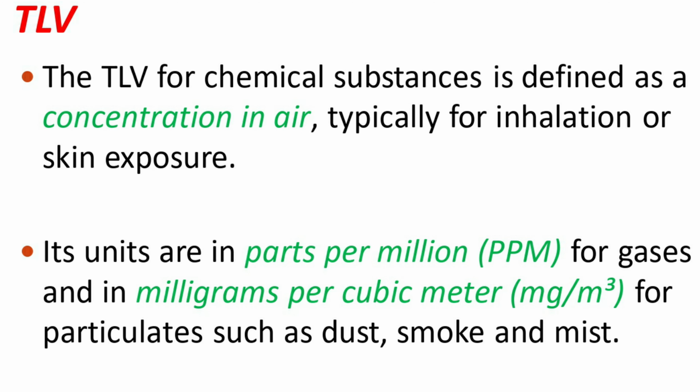TLV. The TLV for chemical substances is defined as a concentration in air, typically for inhalation or skin exposure. Its units are in parts per million, ppm, for gases, and in milligrams per cubic meter, mg/m3, for particulates such as dust, smoke and mist.